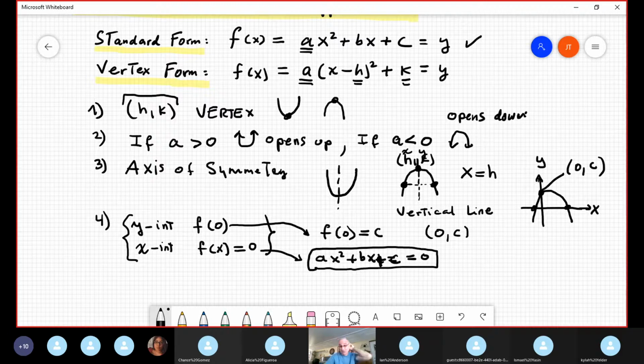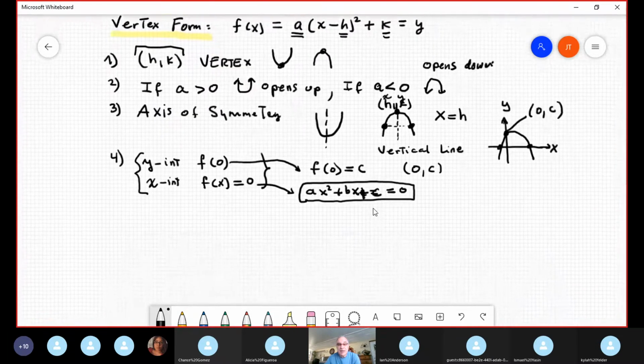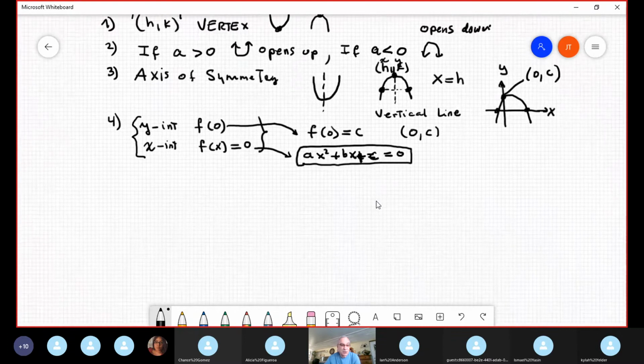Let me try to find the relationship between a, b, c and a, h, k. It's like a conversion, no? From standard to vertex, going in the opposite direction. Okay, let me go again.